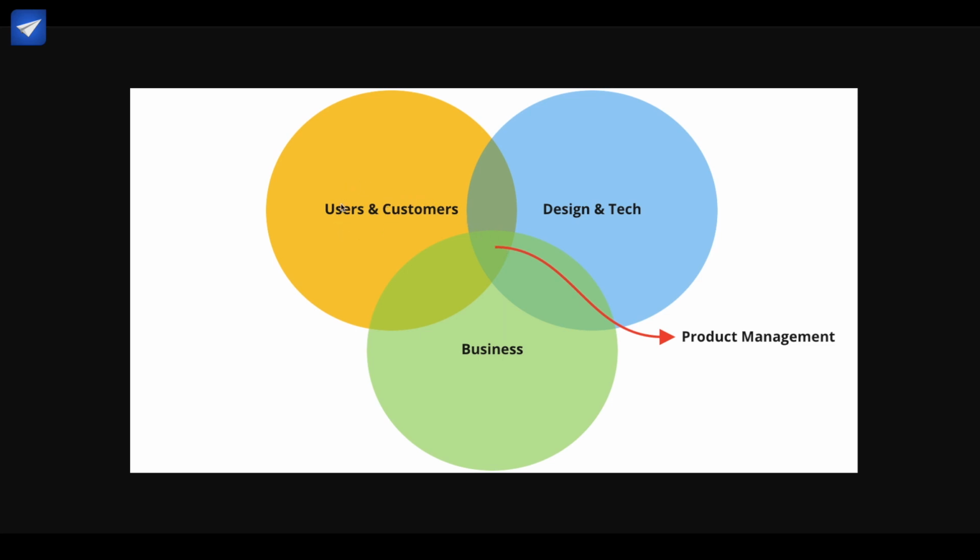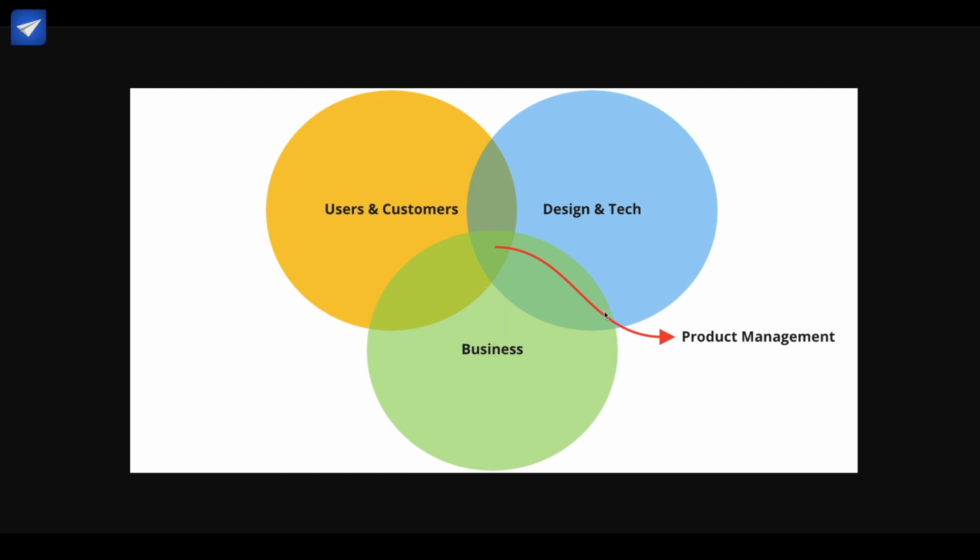That's the reason customers and users are here. Try to understand their pain points and problems. Most interlinked here is business, because these business people are in direct touch with the customers almost all the time. And then the design and technology: you make use of the design and technical teams to solve these customers' problems. That's exactly what product management is.